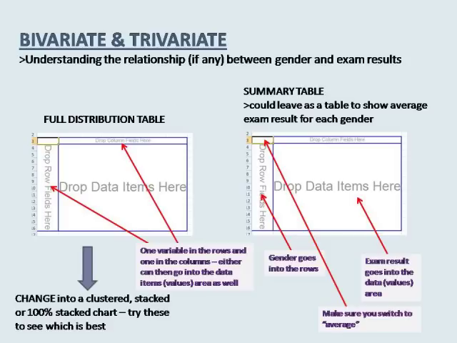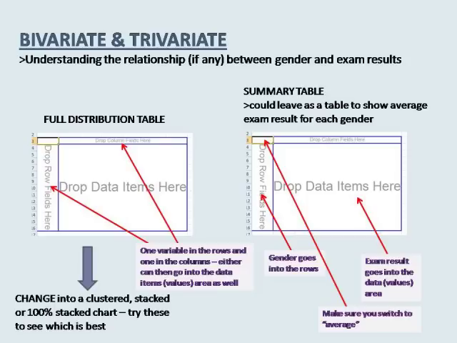For the impact of gender on exam result, the first thing to think about is what kind of variables we have. The exam result is numerical and gender is categorical. For this mixed bivariate combination, we can use both the rows and columns of a pivot table, making sure that the exam result is in groups.